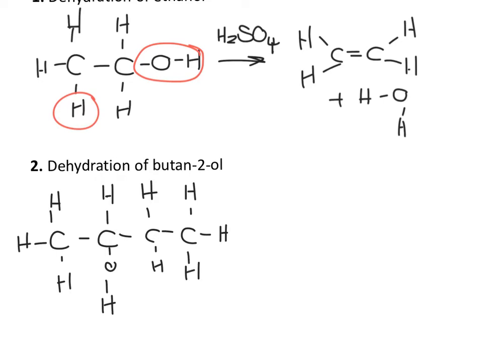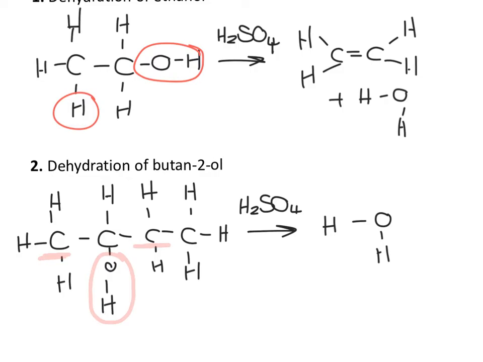So we're going to add sulfuric acid to it. I know one of my compounds is going to be water. I'm just going to put that there because it's going to make life easier. So I know I'm going to be taking that OH off. We now have to make a decision. Do we take a hydrogen off this first carbon or off the third carbon?